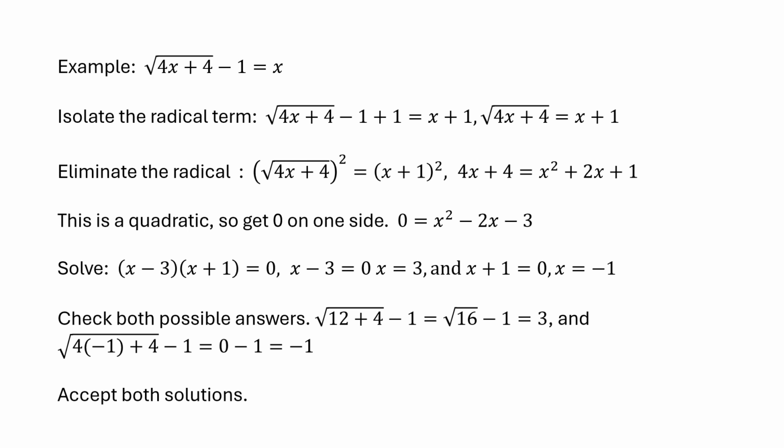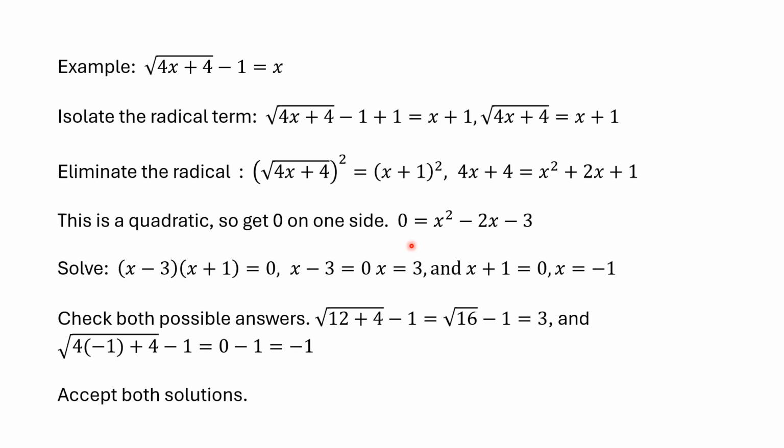So I get 4x plus 4 equals. Now when I square x plus 1, it is not x squared plus 1 squared. We have to use polynomial multiplication. X plus 1 times x plus 1 will be x squared plus 2x plus 1. So I have a quadratic.